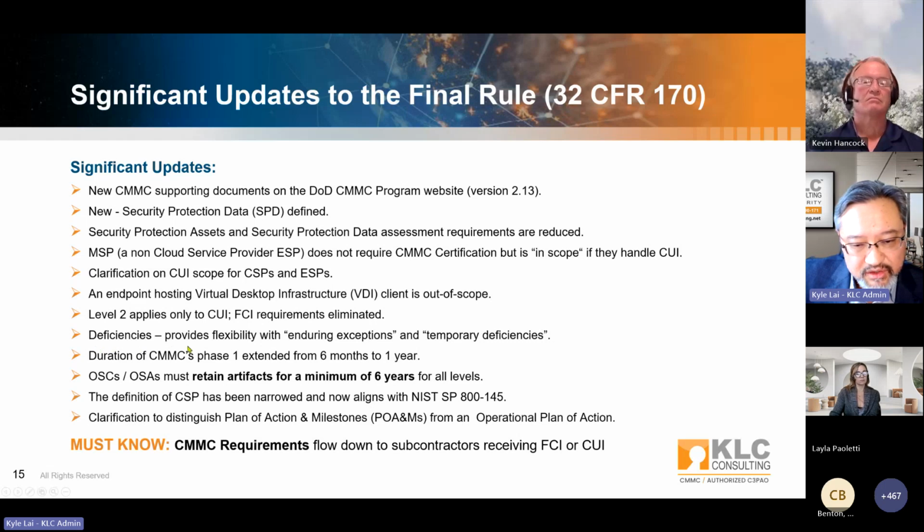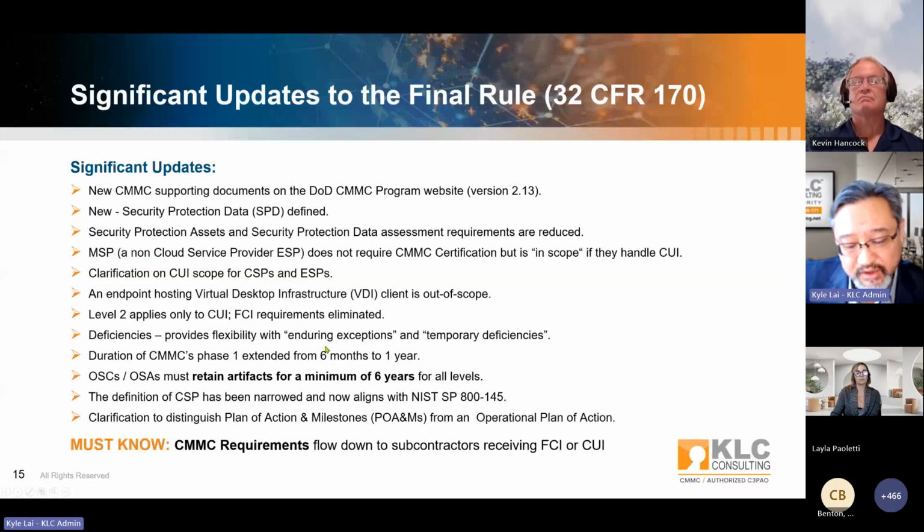Deficiencies: there are actually 3 new terms that were introduced for deficiencies, which provides flexibility. In the past, if you have a deficiency, you cannot get a 110, the SPRS score of 110, because if you have any deficiencies, you are marked as a POA&M item, then you cannot get 110.